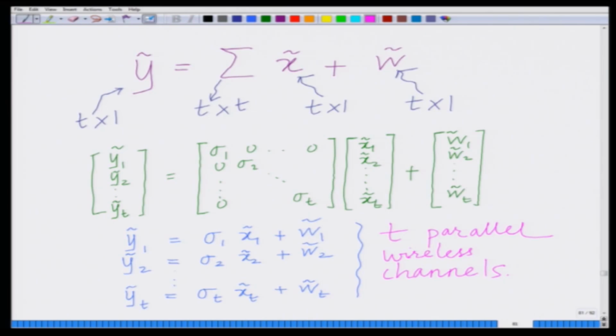That is, on the ith channel you are transmitting xi tilde and receiving yi tilde. Since you have t parallel channels, you are able to transmit t data streams in parallel. This is termed as spatial multiplexing.